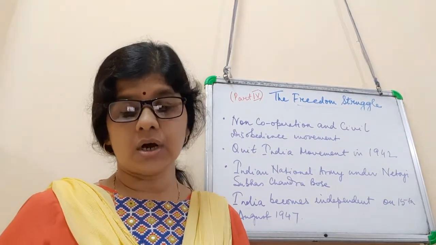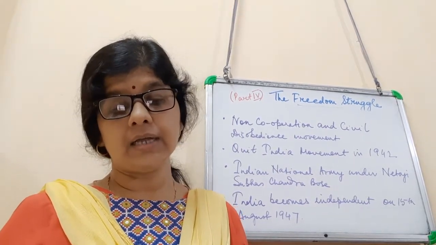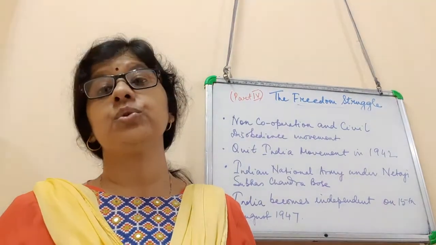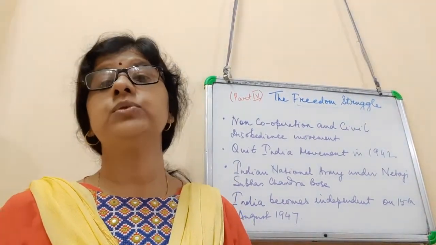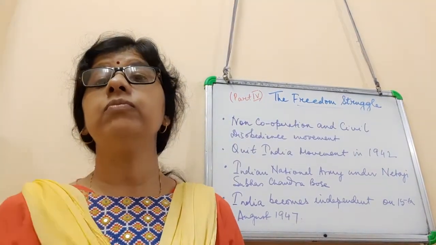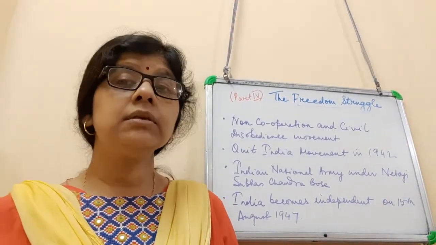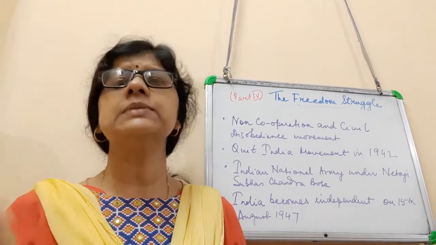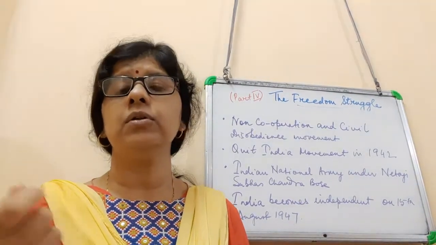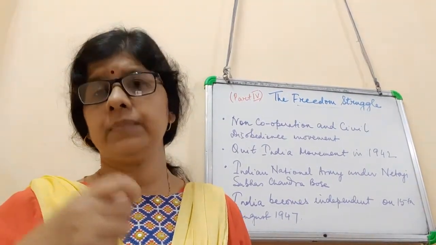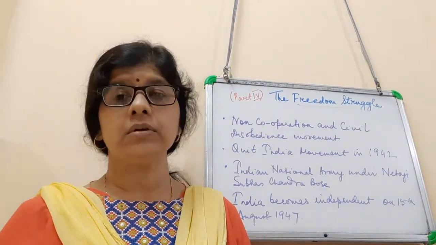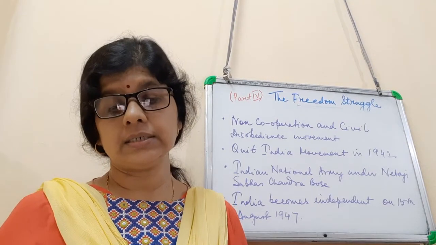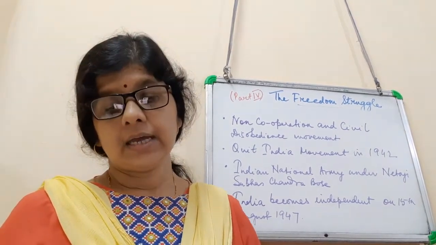Gandhiji used the charkha, or the spinning wheel, to spin khadi and encouraged others to do so. That was Swadeshi, which means one's own country. He told people that you can spin the charkha, weave your own cloth from the thread, and be self-dependent.